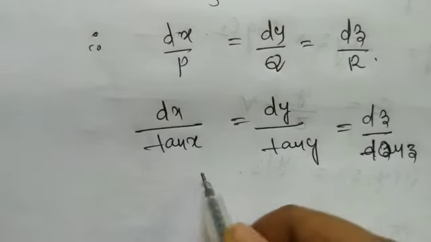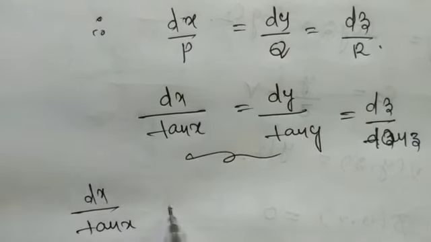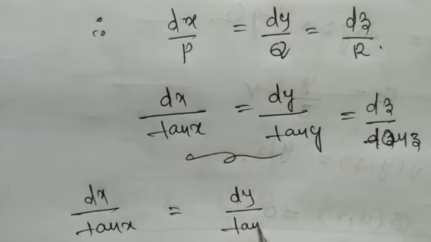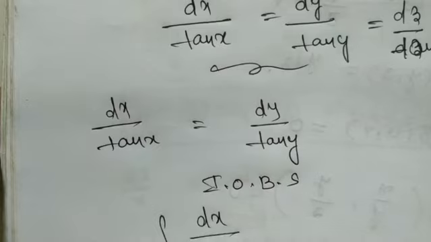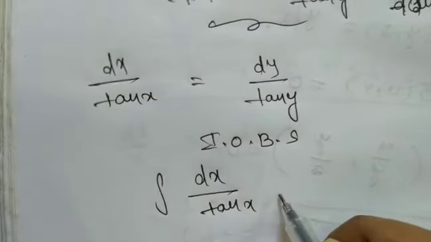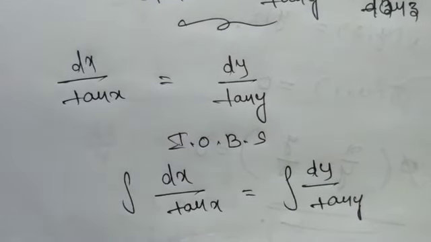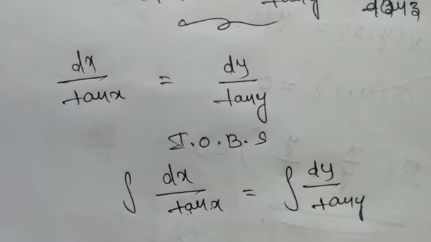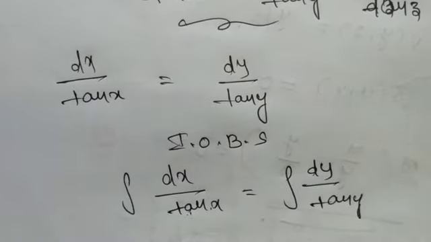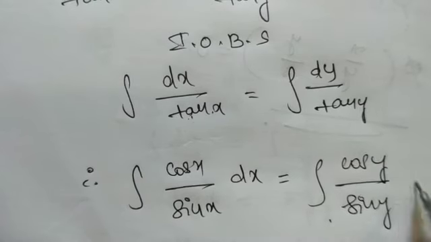By taking the first two equations, dx by tan x equal to dy by tan y, and integrating on both sides, integration of dx by tan x equal to integration of dy by tan y. Integration of dx by tan x can be written as integration of cos x by sin x dx, and this is also integration of cos y by sin y dy.